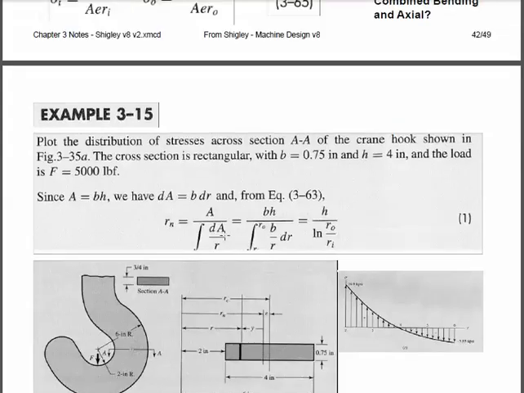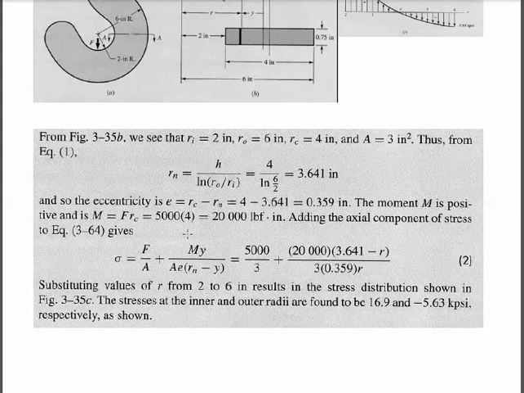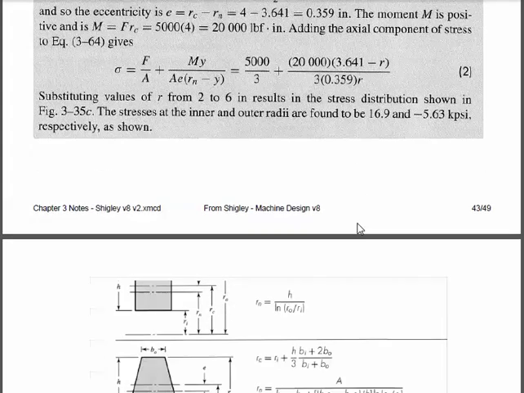I have an example problem where we first learned that if we integrate for rectangular sections, we get an equation like this for the location of the neutral axis, and it involves a natural log. After that, it's just a matter of applying the equation for stresses and calculating them.